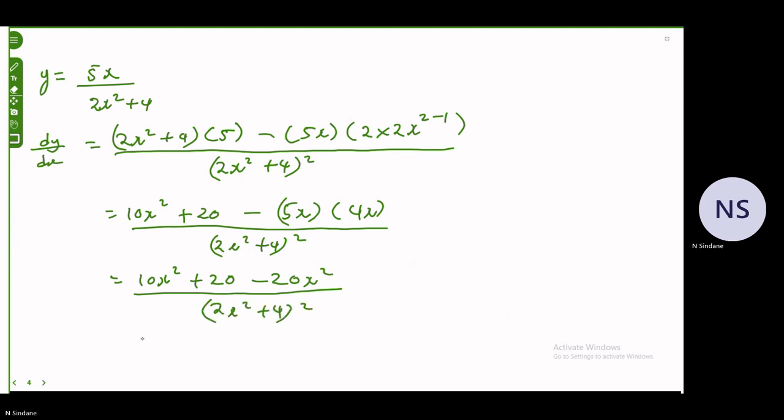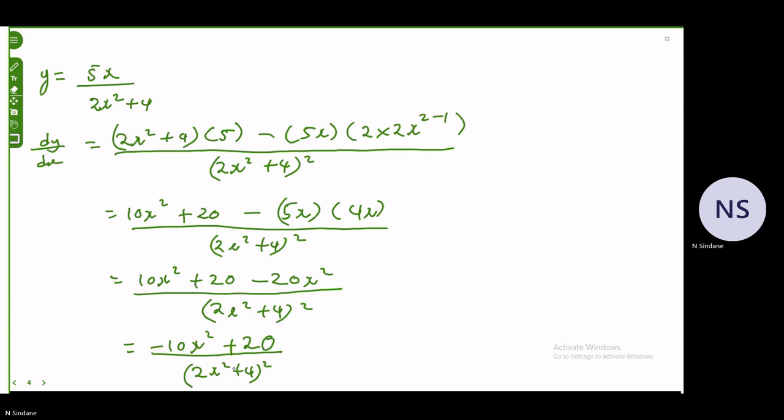Then this is negative 10x squared plus 20 over 2x squared plus 4 squared. Let me write this 20 clearly. That is how you differentiate this type of equation.